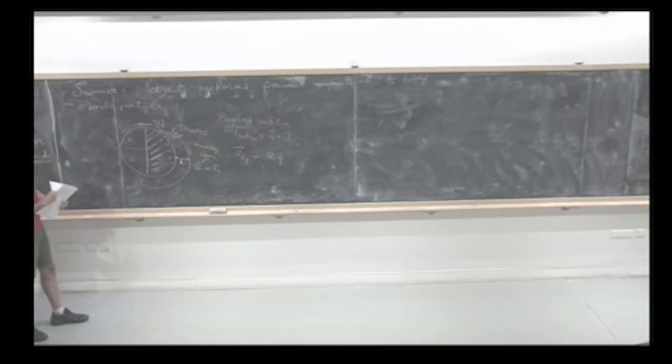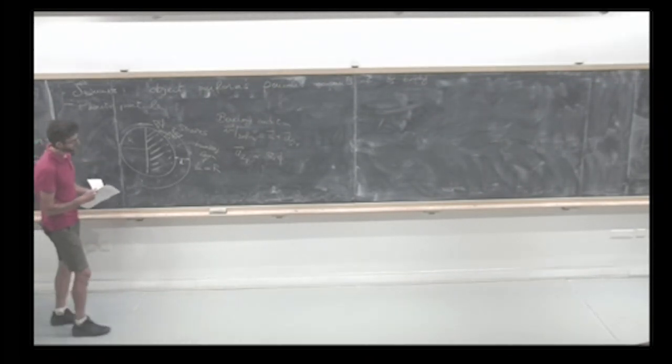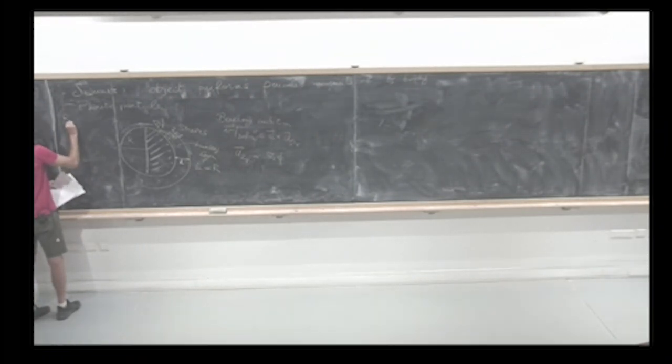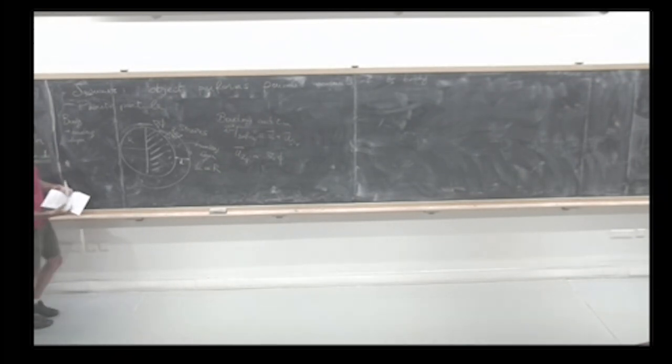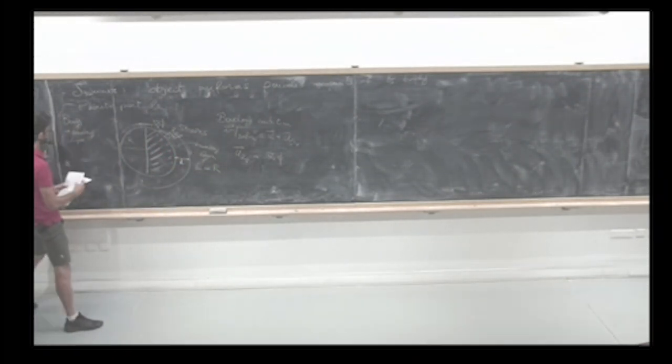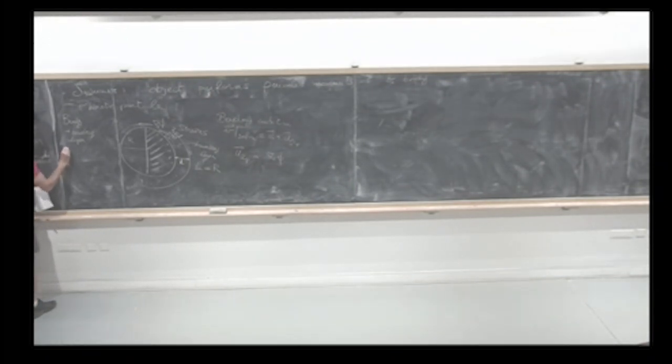And at the end of the day, this guy is going to move in order to stay force-free, in the sense that the body plus the boundary layer, which has now been shrunk down to essentially the surface of the particle, has to be force-free.